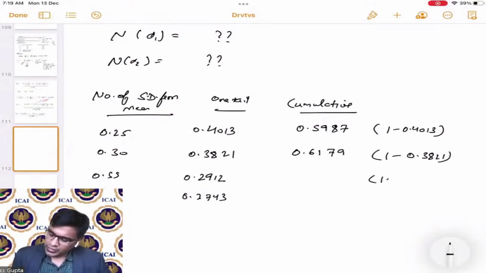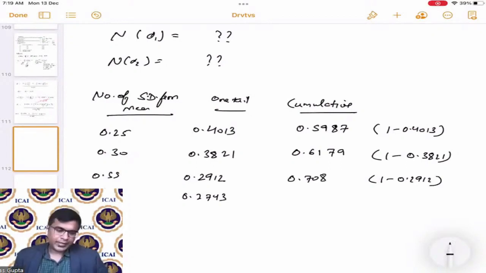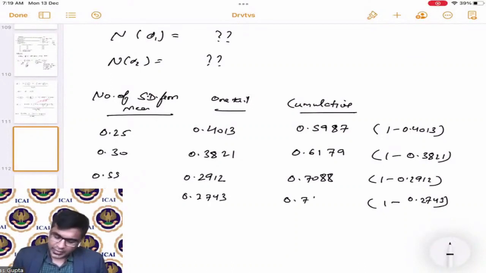Then the next one is 1 minus 0.2912, which is actually 0.7088. And the third value is 1 minus 0.2743, which will give the value of 0.7257. So these are the respective cumulative probabilities we have calculated.